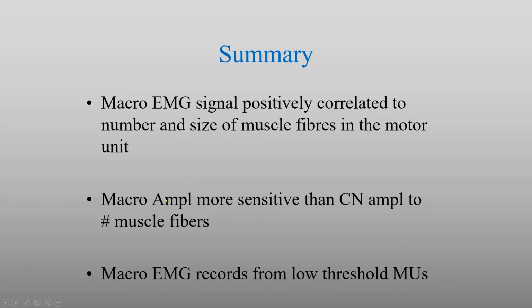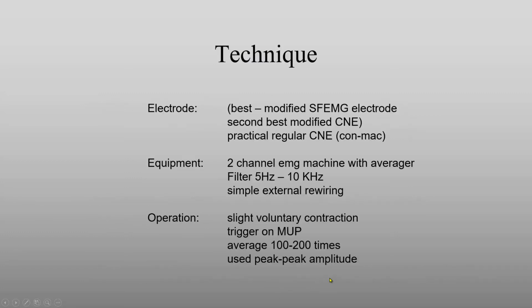We know that macro EMG amplitude is more sensitive than the concentric amplitude to estimate the number of muscle fibers, for the reason that I said, that it is a more generalized recording. And the other thing is that the macro EMG records from the low threshold motor units.